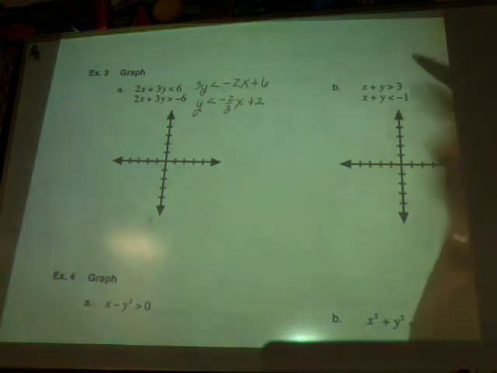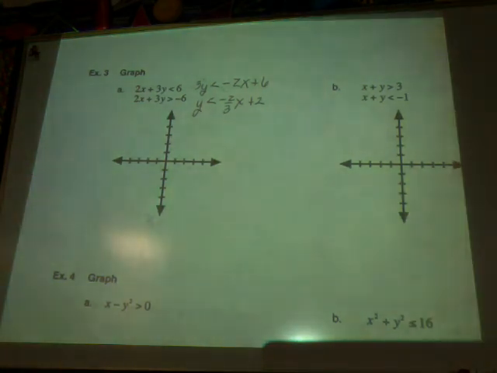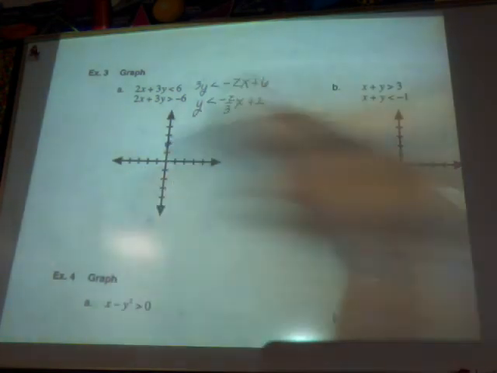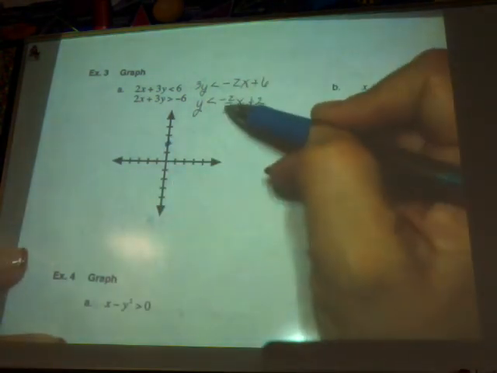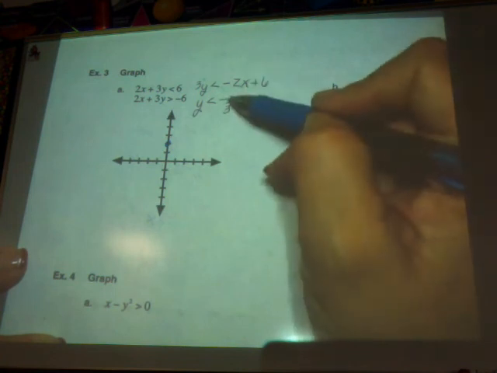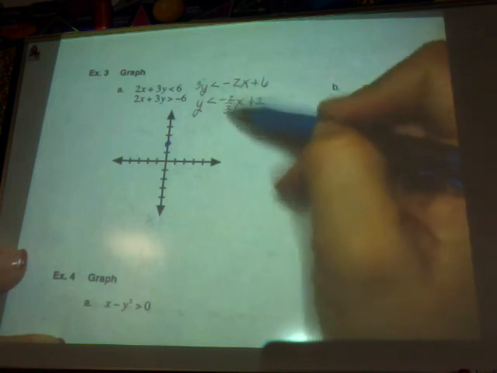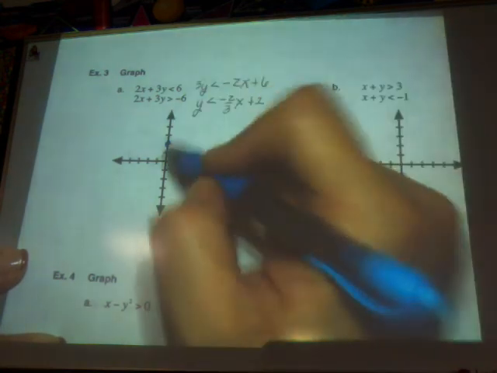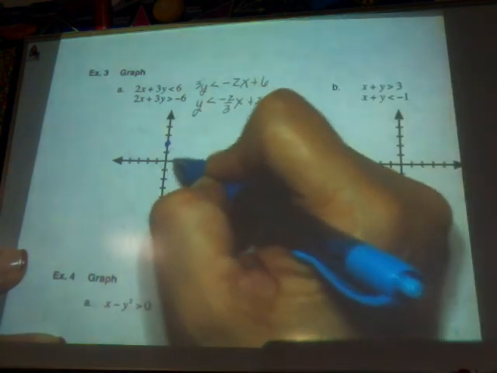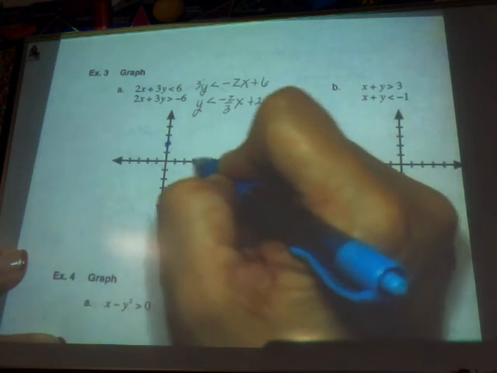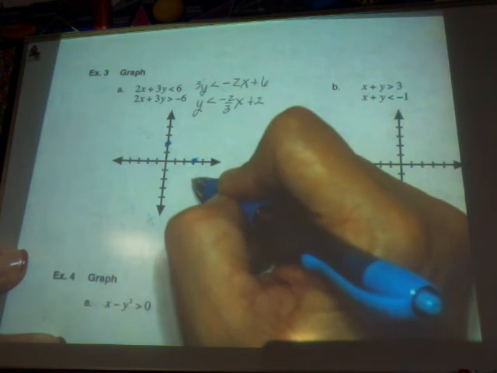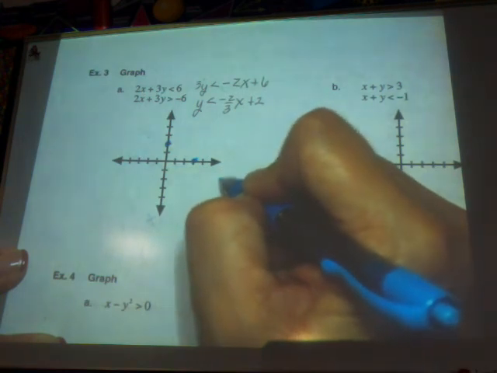So I'm going to go ahead and plot that. My y-intercept is 2. My slope is negative this time. So you have to go in one negative direction and one positive direction. I don't care where you put the negative, but you make a choice. I'm going to put the negative in the numerator. So I'm going to go down 2 to the right 3.